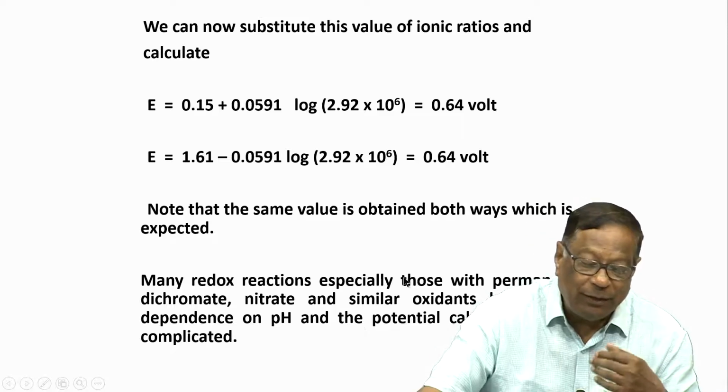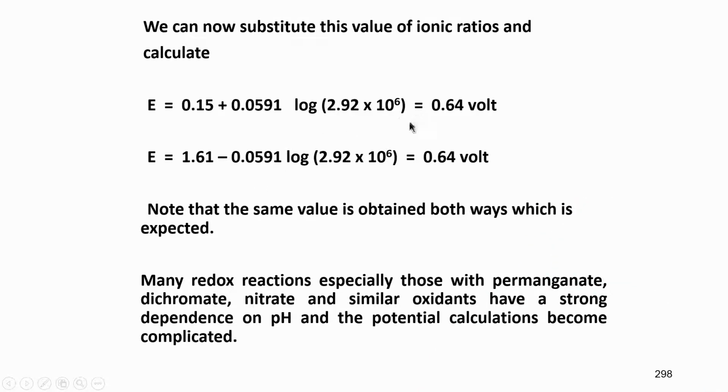We can now substitute the value of these ionic ratios in the Nernst equation. This is for stannic-stannous. E is equal to 0.15, this is E naught of Sn4+ by Sn2+, plus 0.0591 divided by 1 log of oxidant divided by reductant. But we know that the stannic to stannous ratio is 2.92 into 10 raised to 16.